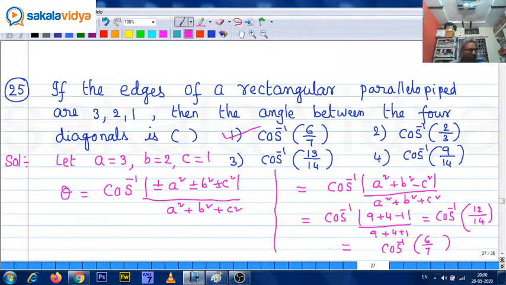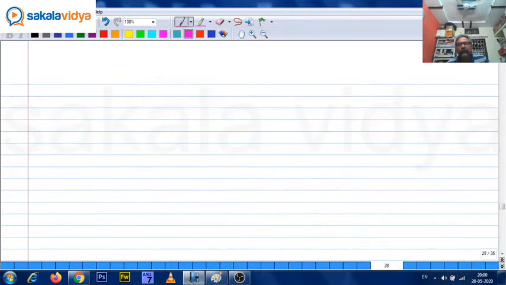So for example, if you want to see, I will explain also. I will explain here one thing. See, for example, you take a rectangle here.